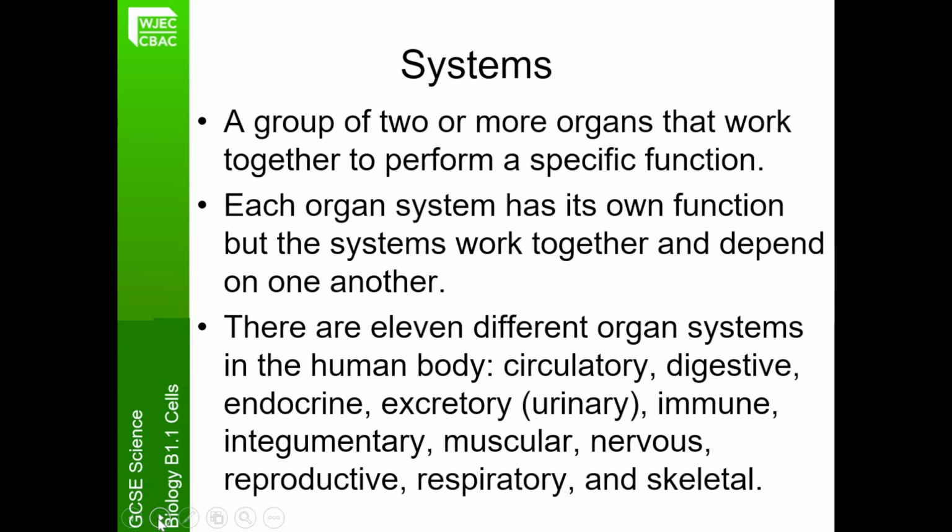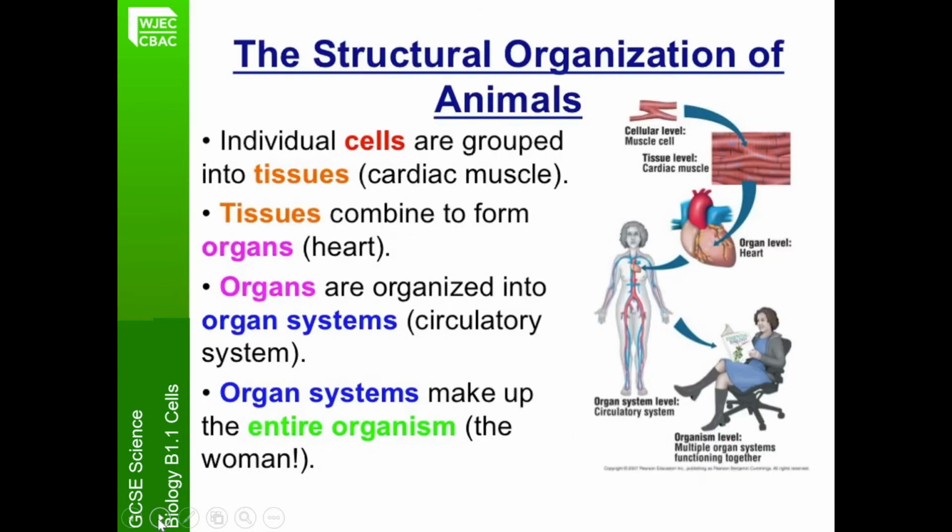Our immune system, which is made up of a series of glands as well as our white blood cells, integumentary system, muscular system, nervous system, reproductive system, respiratory and skeletal systems.